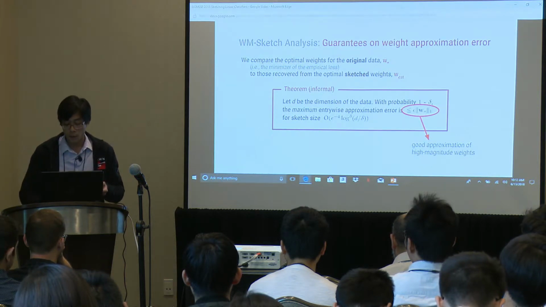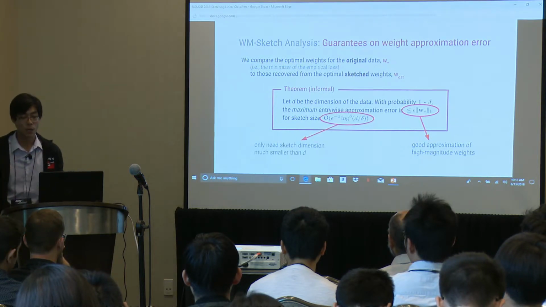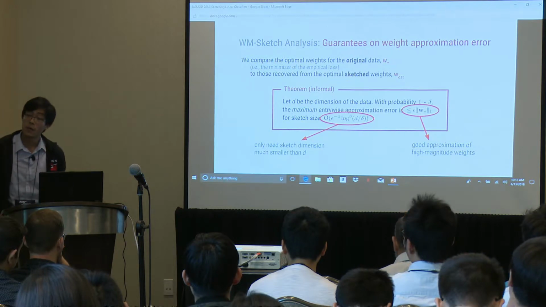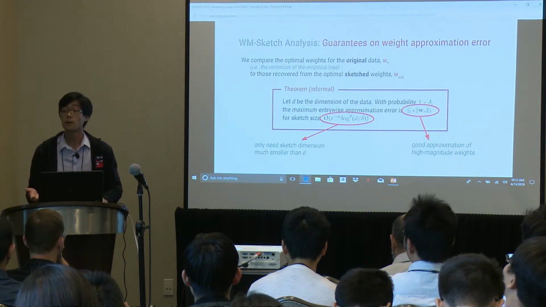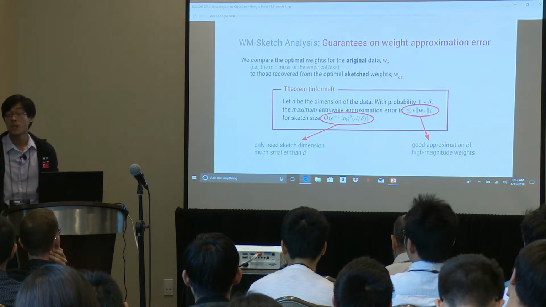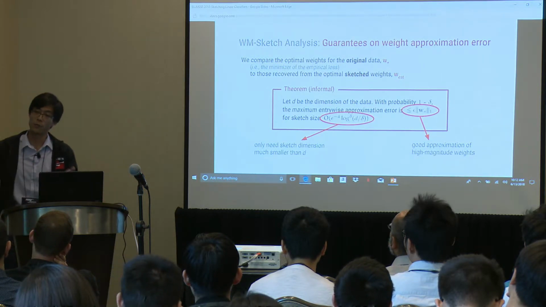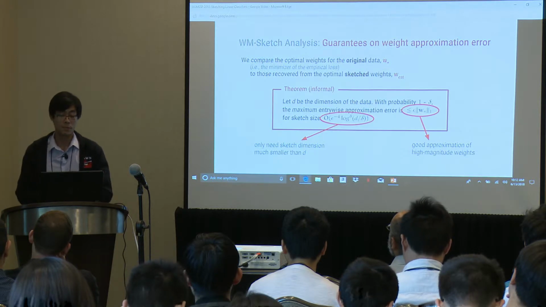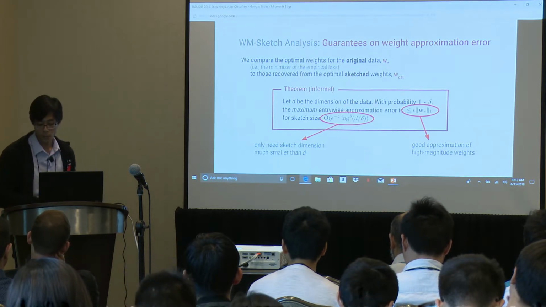And to do this, it turns out that all we need is a sketch of size polylogarithmic in the original dimensionality D, right? And so this means that we can potentially realize significant savings in memory because of this reduction in dimensionality. Okay, so this is pretty encouraging.